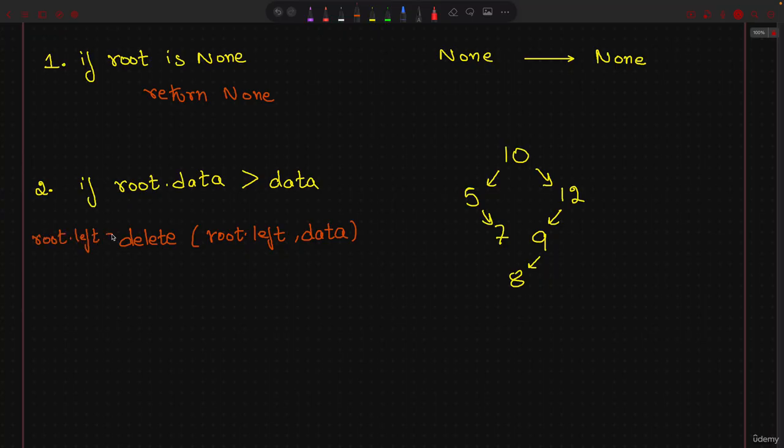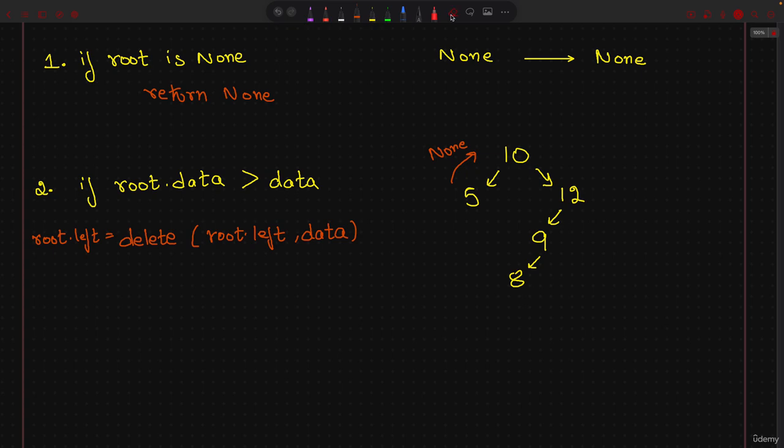The reason for that is my overall left can get changed here, right? For example, if 7 would not have been there and you ask me to delete 5, then recursion will go and delete this 5 and from here it will return none, right? So we should make sure that we are also updating the same.